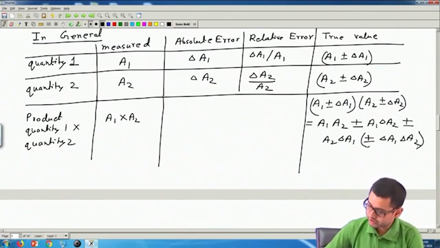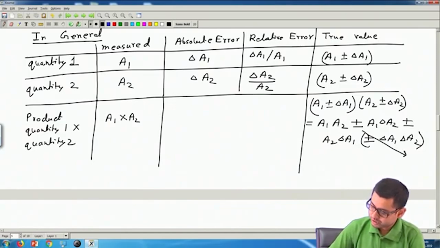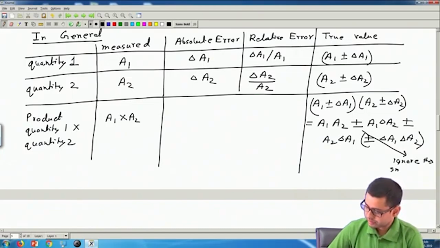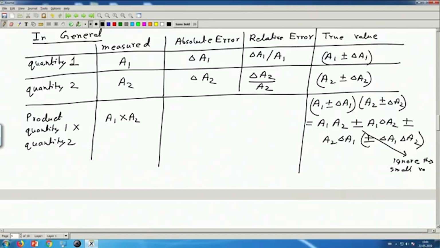So let's ignore this term because it is a product of two small values. Okay, so this is the true value, which is A1 A2 plus minus A1 delta A2 plus minus A2 delta A1.